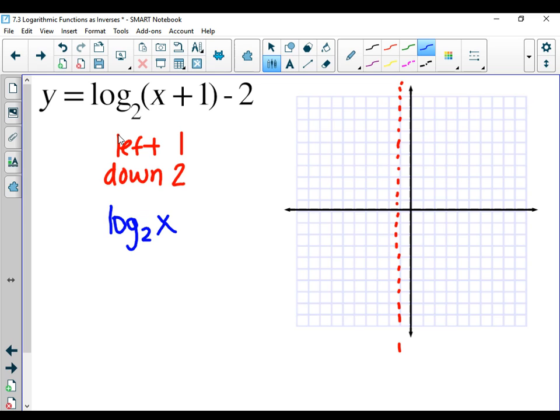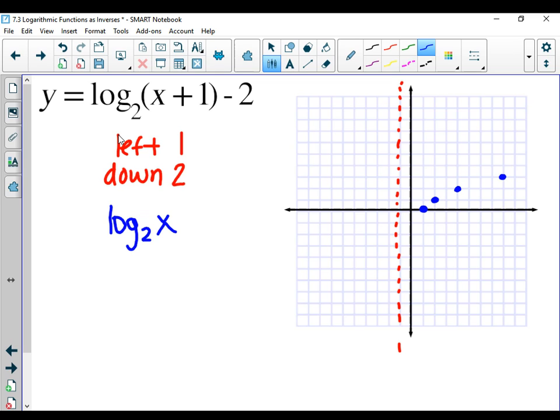So if I'm wanting to graph log of base 2 of x, I know I'm always going to have that 1, 0 in my base in 1. So this particular one, I could get another one out of it. Okay. I could go ahead and get 4, 2 as well. And if I really wanted to, I could get 8, 3. Okay.